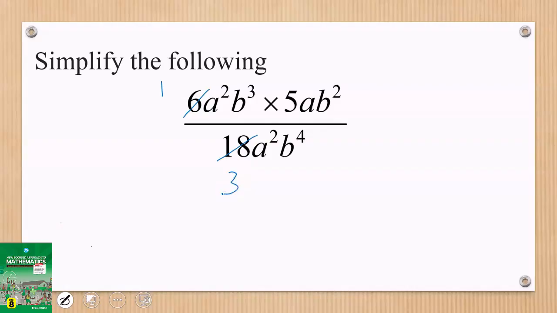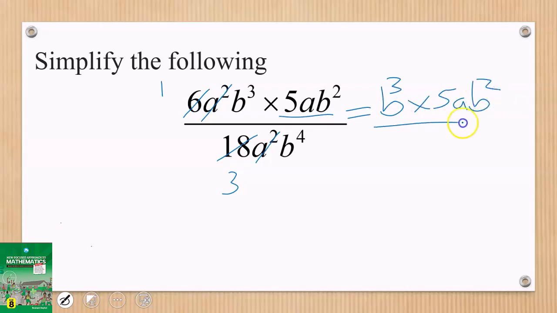Then the whole of the a squared here can divide the a squared here, so that is also gone. Now let me write the remaining values. So I have b cubed left here, and then here I have times 5ab squared, all divided by 3b to the power 4, because I've already taken away the a squared down here.